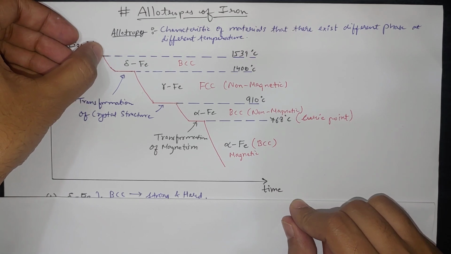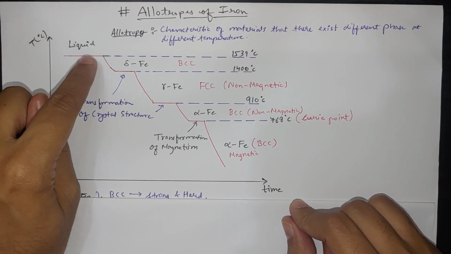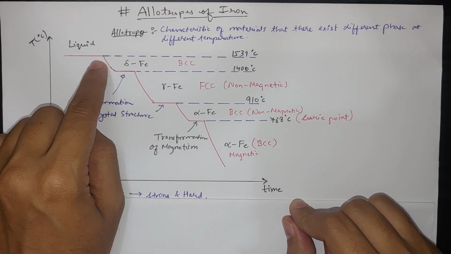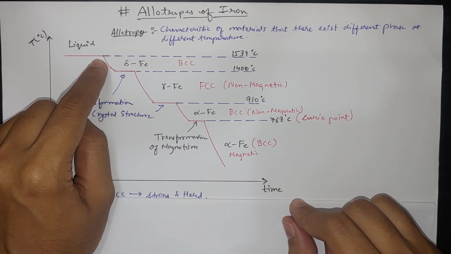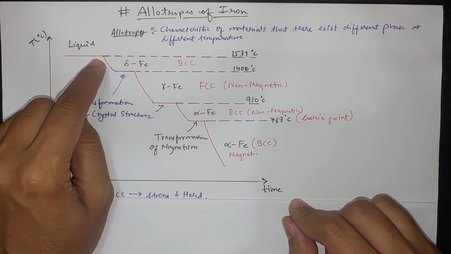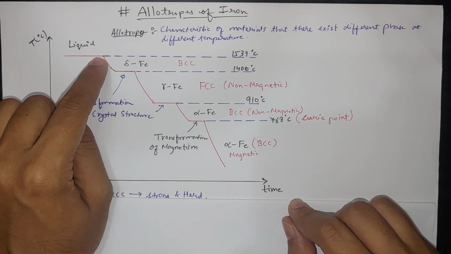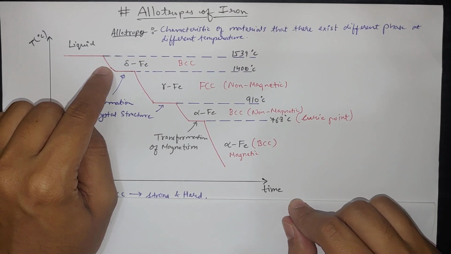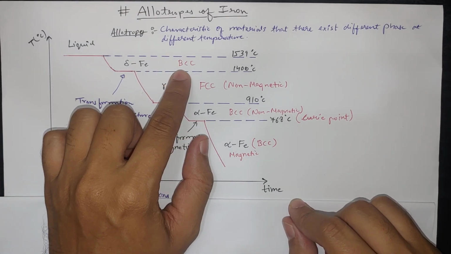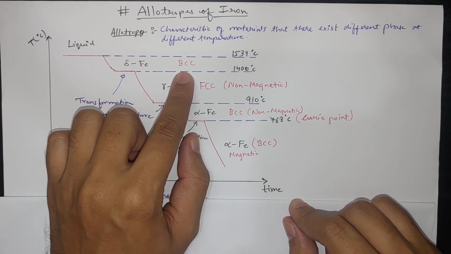After that, if we take out the latent heat, then iron will be in solid form. Further reduction in temperature will give us the sensible heat. If we take out the sensible heat, then it will transform into the delta iron phase, which has a crystal structure of BCC.